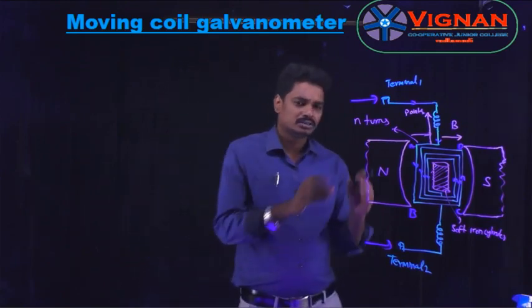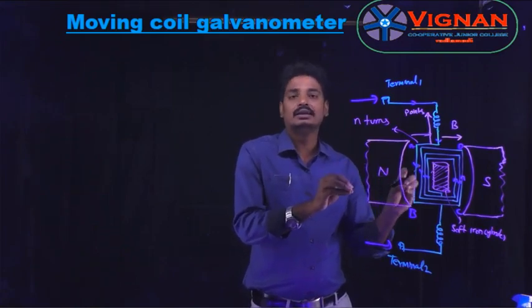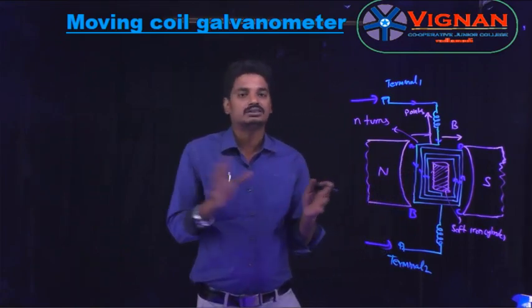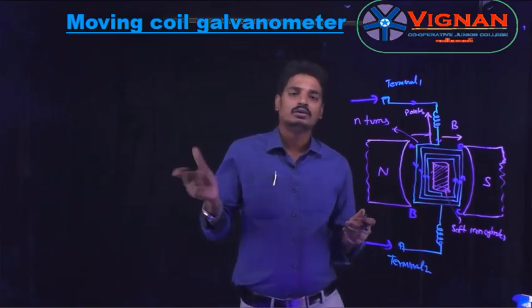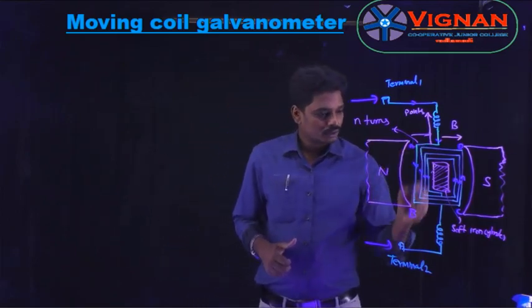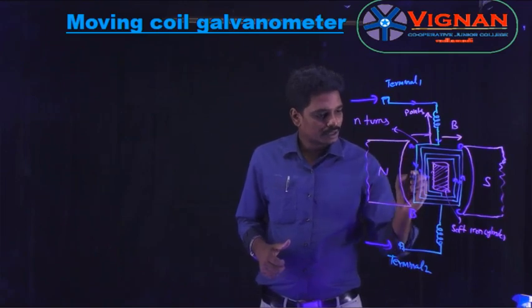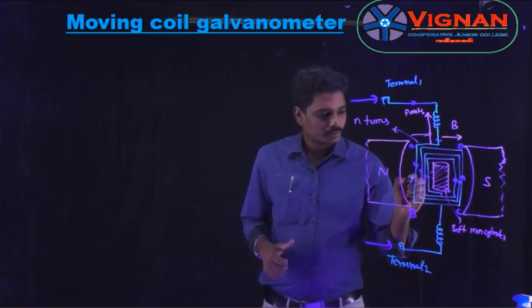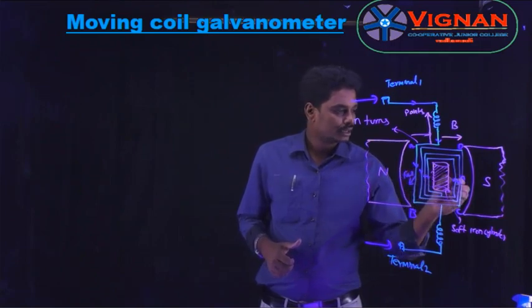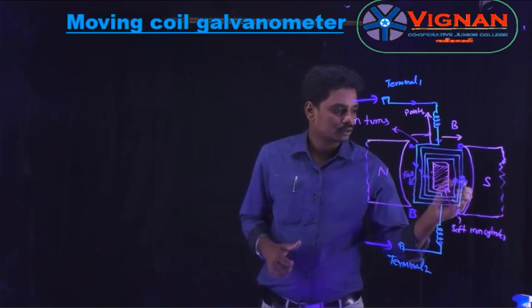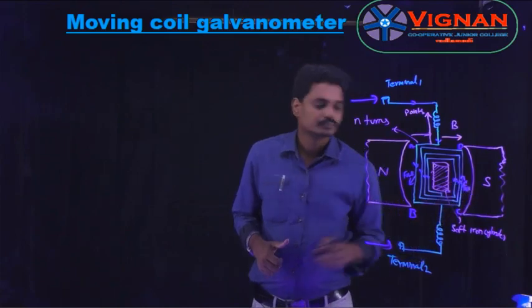I'm not explaining in detail, because this explanation was done in our previous video, that is torque acting on a current loop in a uniform magnetic field. So on the conductor AB, the direction of the force will be outward, which is FAB, and here the direction will be inward, which is FCD.